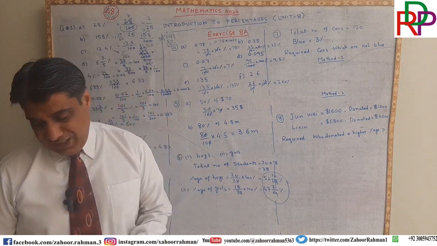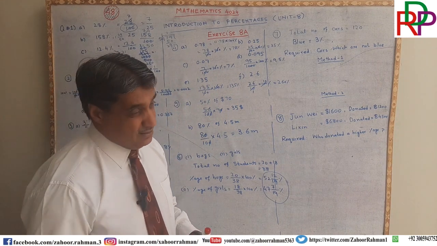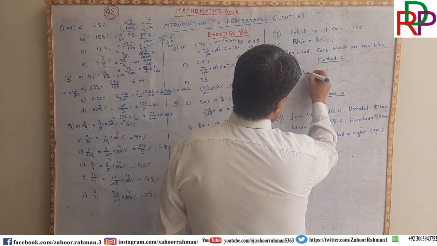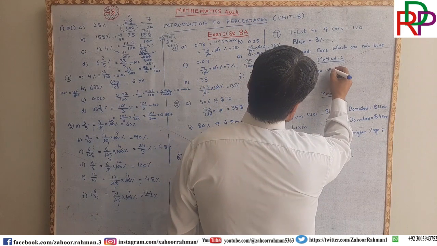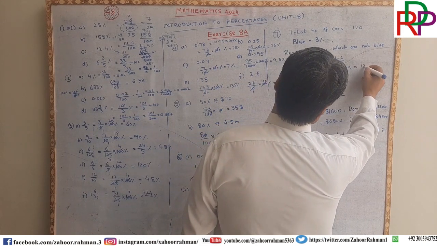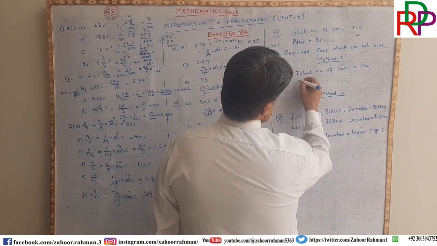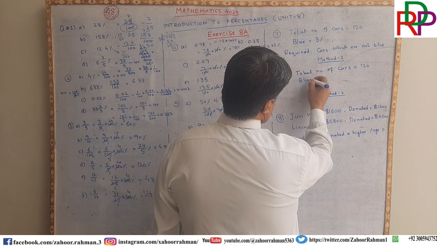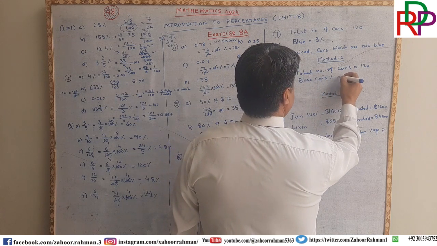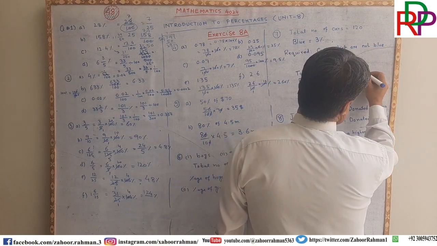First of all, we have to write total number of cars, that are 120. Total number of cars is equal to 120. Okay, blue cars percentage is equal to 30%.